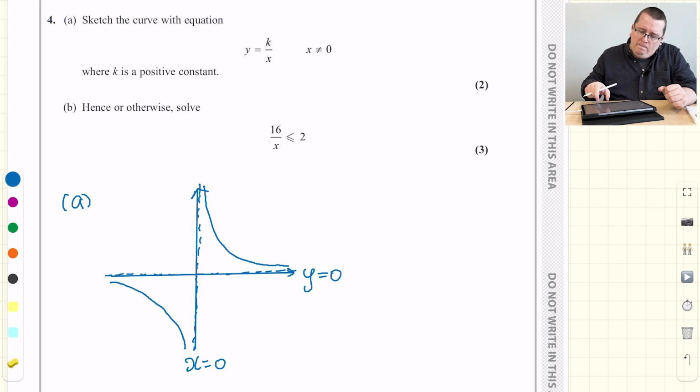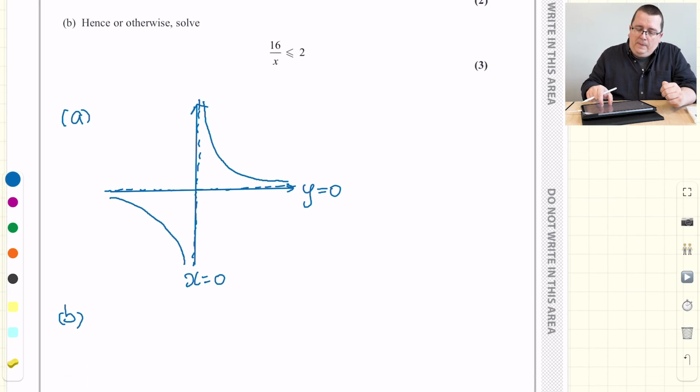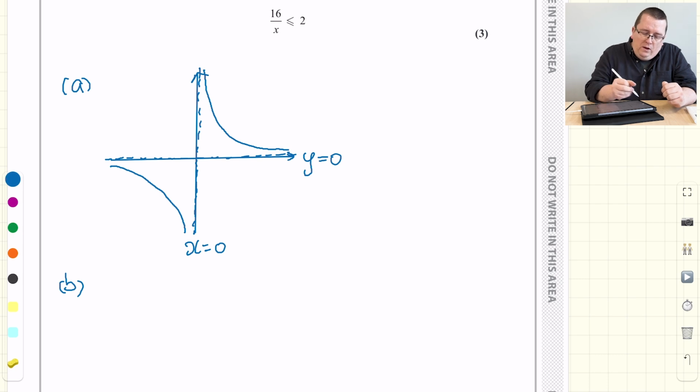Okay? So, part B, hence or otherwise solve 16 over x is less than or equal to 2. There's two ways of going through this. One way is to consider, if you're looking at y equals 2, then that is a horizontal line. And we're interested in working out, firstly, that point there.